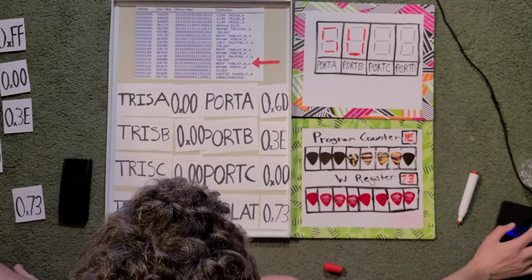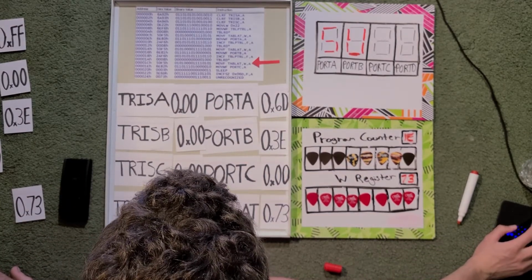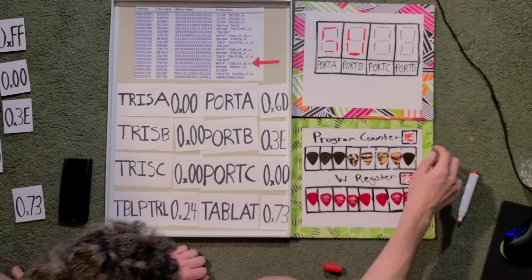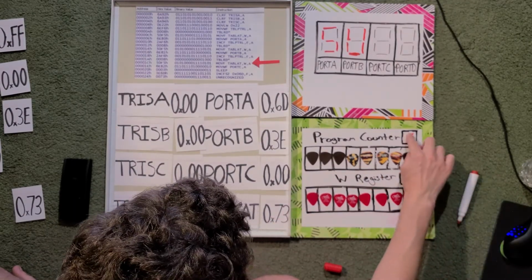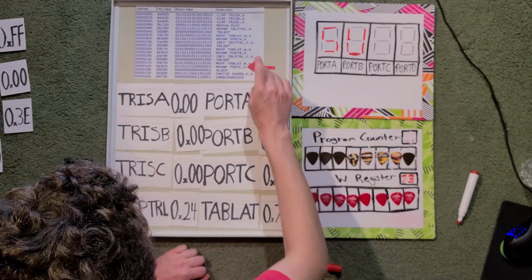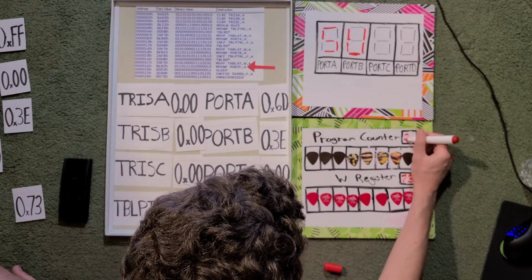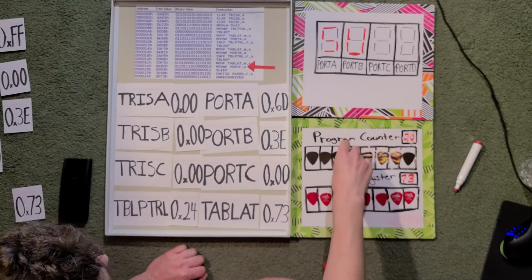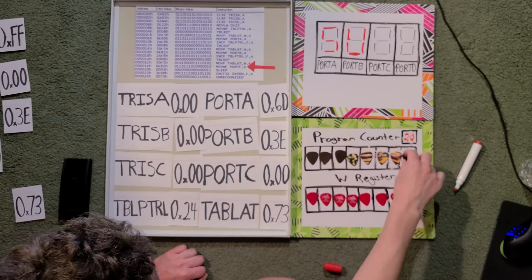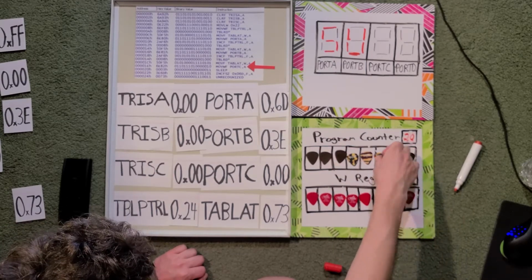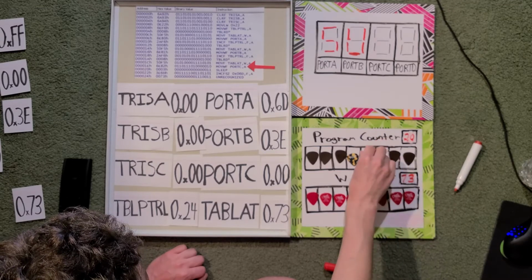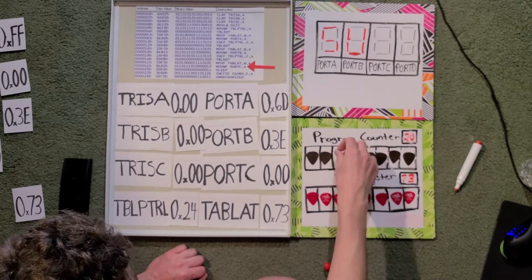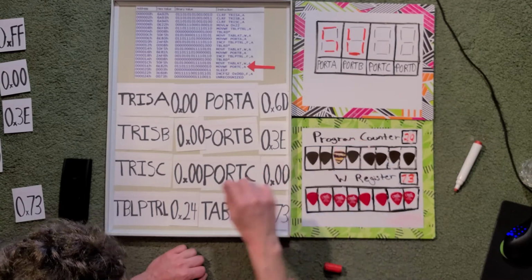Our next step, we're going to be completing our word by moving the program counter to 20. You can see our program counter moved to 20.